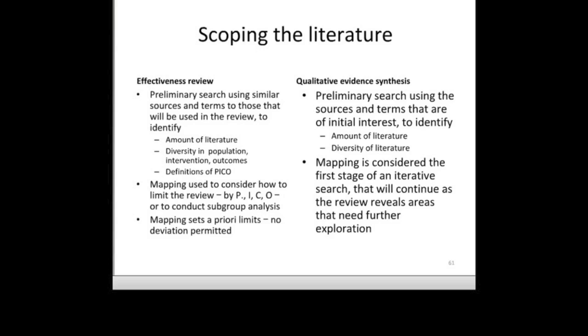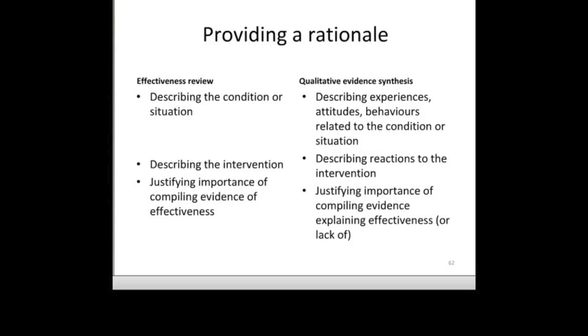Providing a rationale in an effectiveness review really relates to describing the condition or the situation, describing the intervention you're interested in, and justifying the importance of compiling evidence of effectiveness. The same counts for qualitative evidence synthesis.